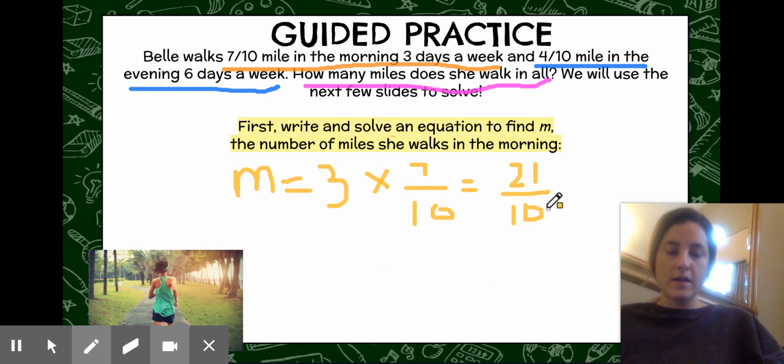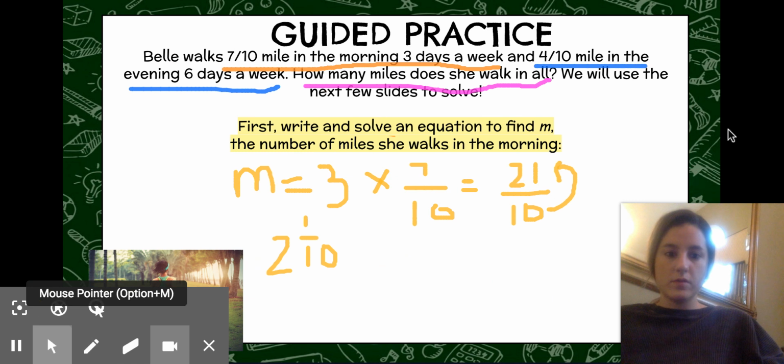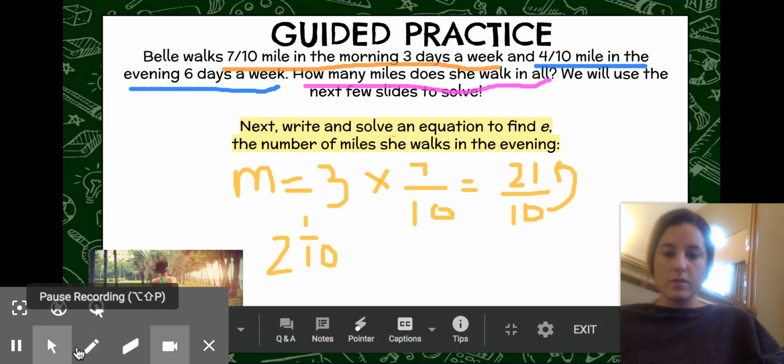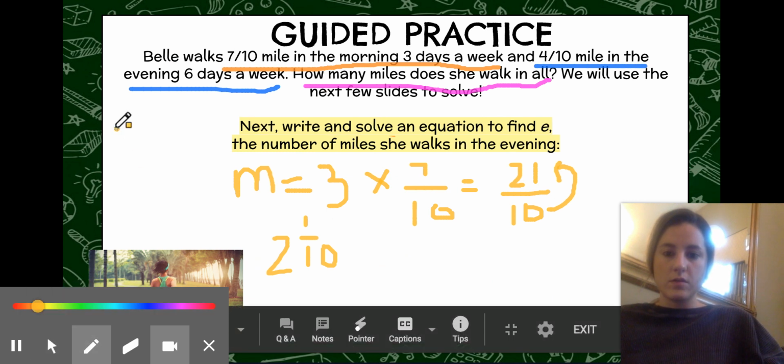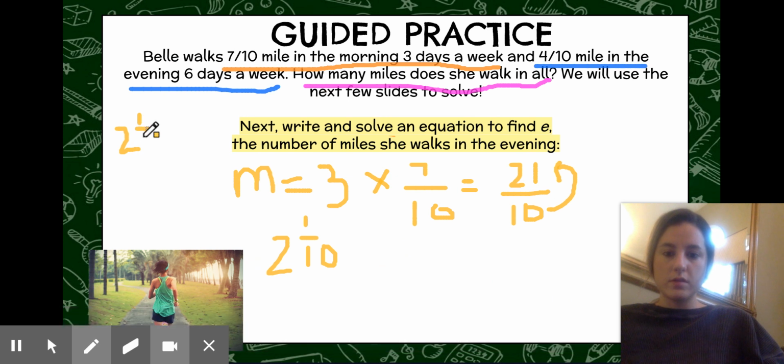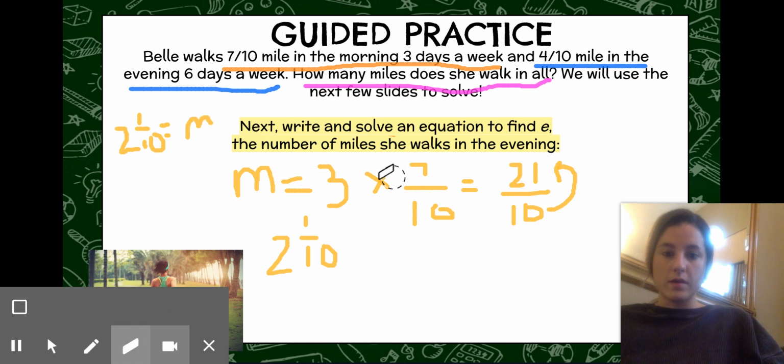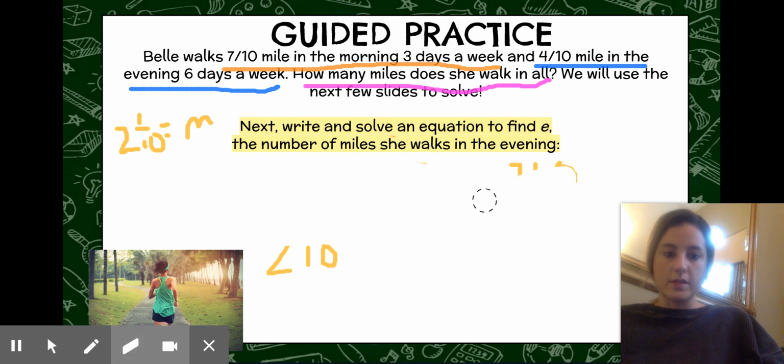Can't leave it like that. How many times does 10 go into 21? 10, 20 with 1 left over. 2 and 1/10 is what she walks in the morning. So again, 2 and 1/10 equals M. And let me erase this.